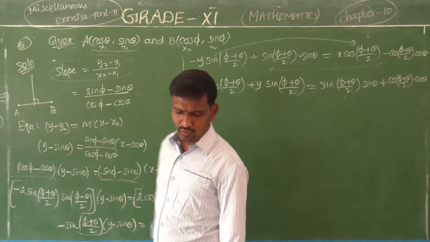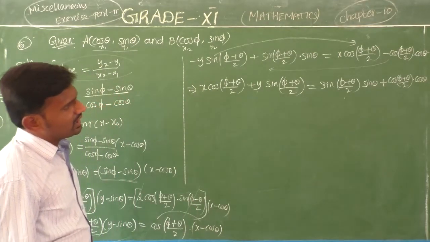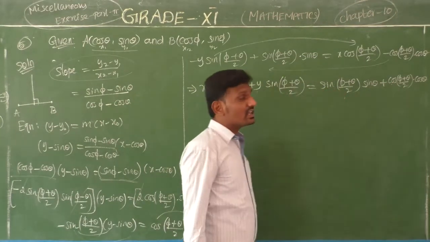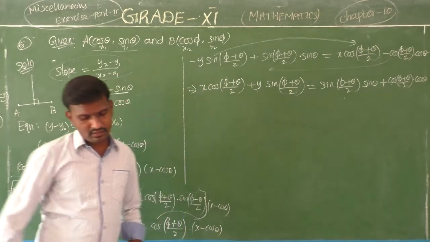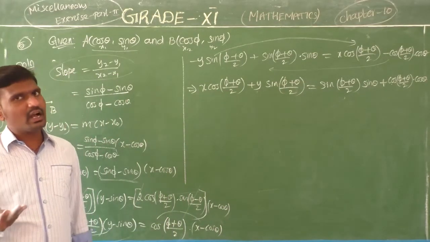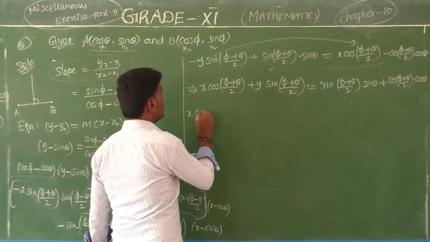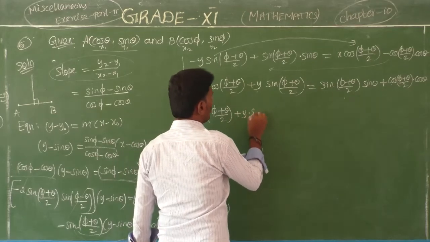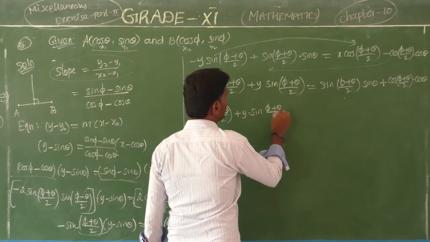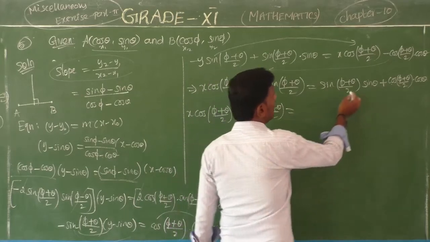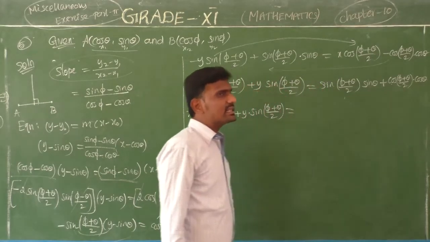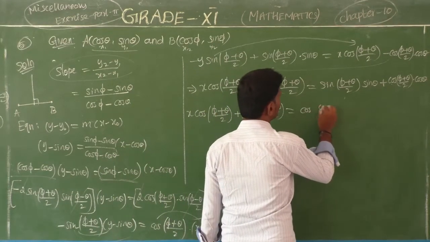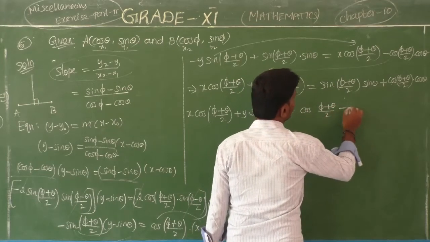On the left side we don't want to do anything, and on the right side you have the format cos A cos B plus sin A sin B, that is cos of A minus B. So it is cos of phi plus theta by 2 minus theta.